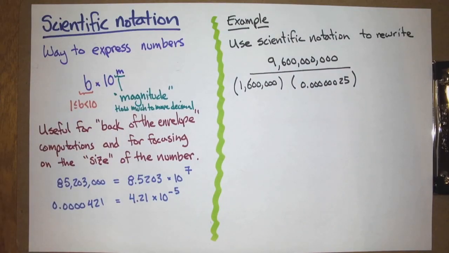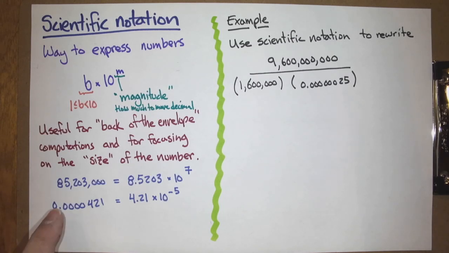It gives us a sense of magnitude. A big exponent on the 10 says you're dealing with a huge number. A small exponent, and by small I mean negative, a very negative exponent, means we're dealing with a very tiny number. So it helps us gather a sense of the scale of the numbers.